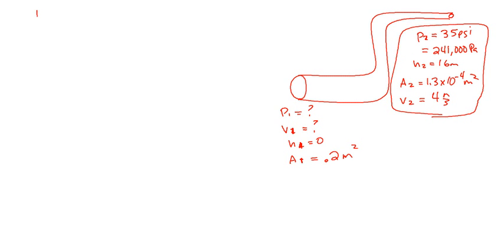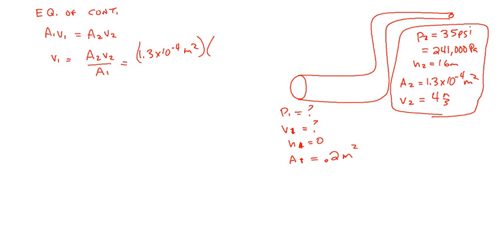Again, do the equation of continuity. And right here, I have the cross-sectional area times the velocity. It's got to be constant. So it would look like that. We're looking for the velocity at end number 1. So we do this: A2, 1.3 times 10 to the negative 4 meters squared. V2 was 4 meters per second.